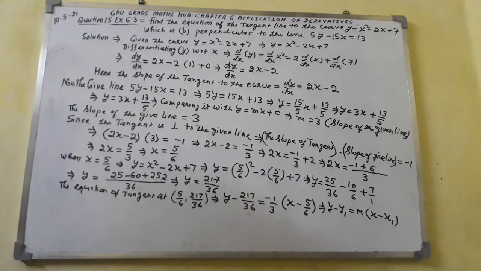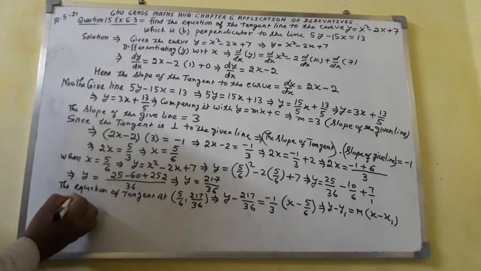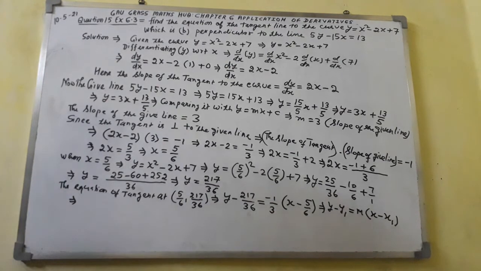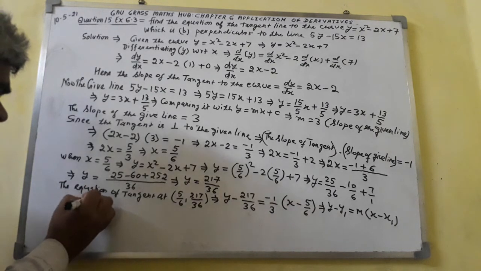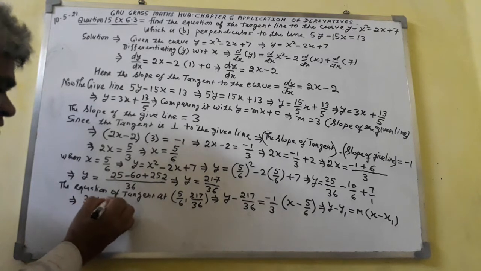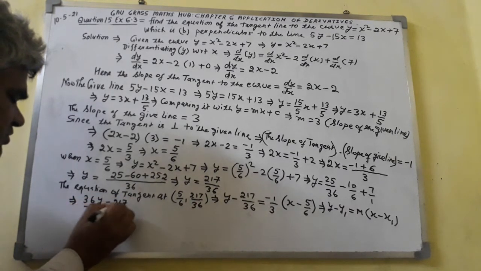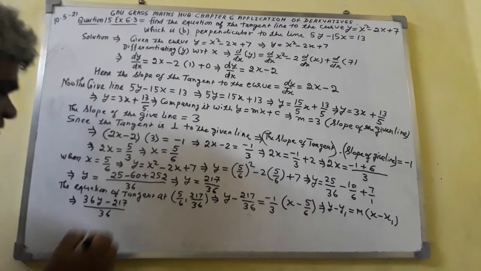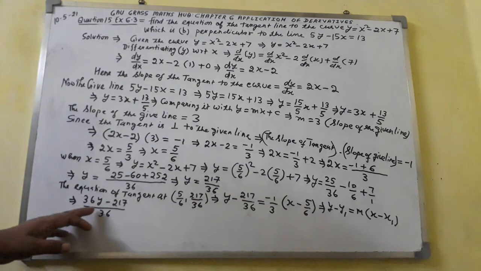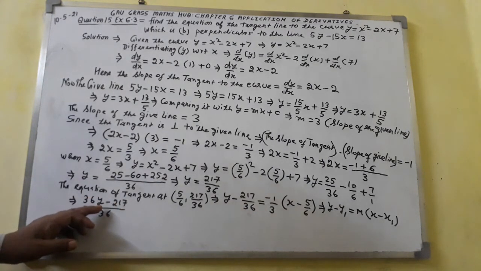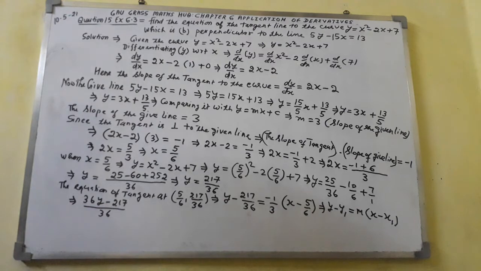Just simplify this one. So here you will get y over 1. Take LCM. We will get here 36y minus 217 over 36.